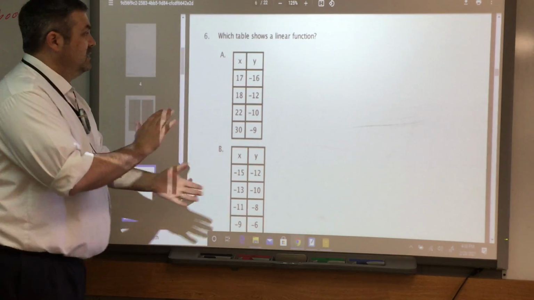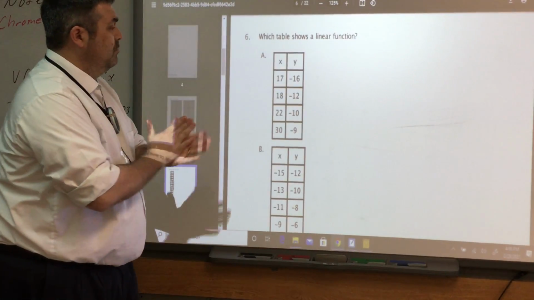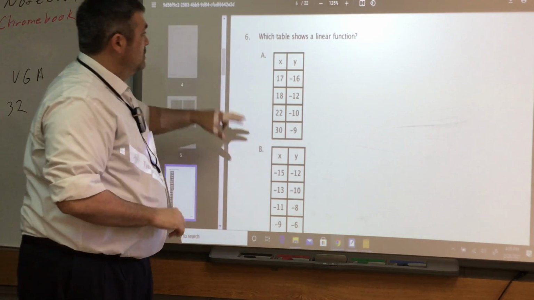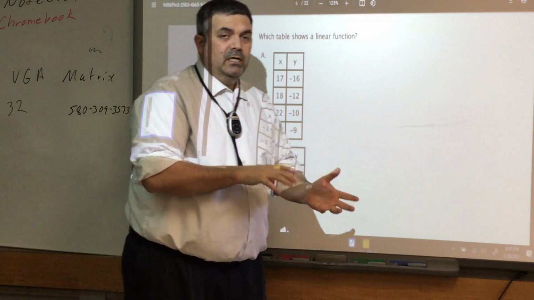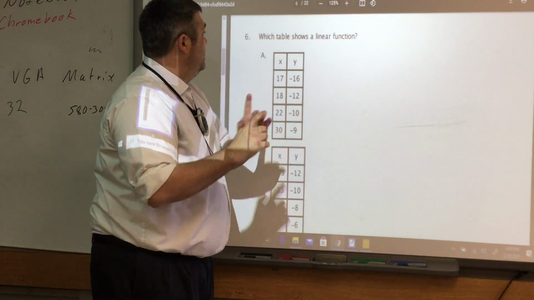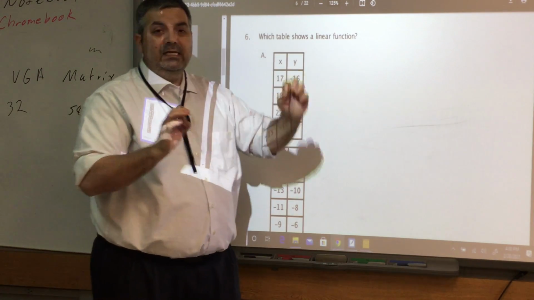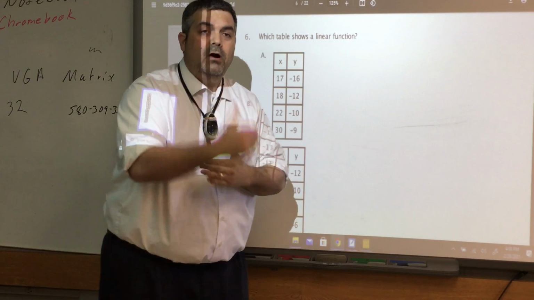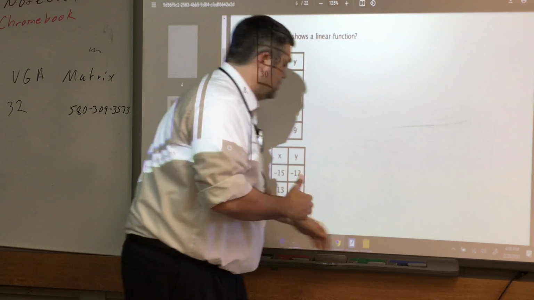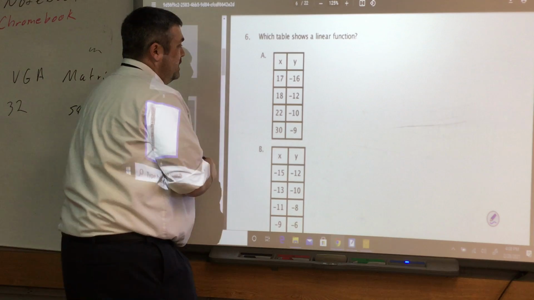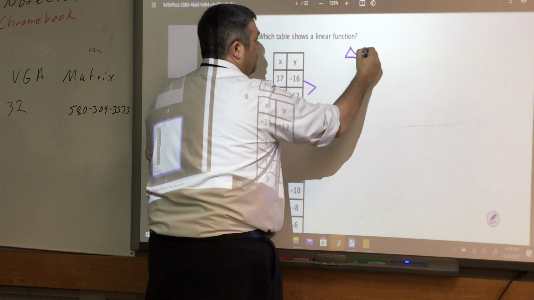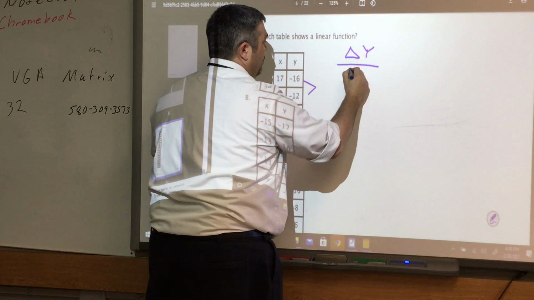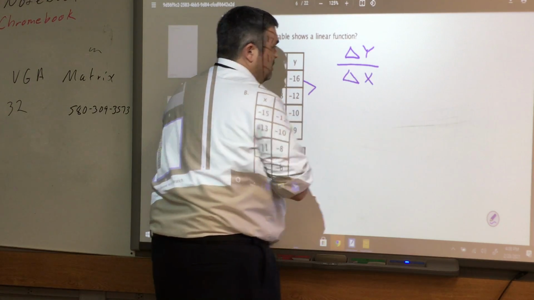All right, then we go back to the tables. I wanted to make sure to hit the tables again one more time. Again, you're looking at which ones have a constant rate of change and which ones don't. In this case, you're looking for the one that is a linear function, so it's going to have a constant rate of change. From here to here, we want the change in the y's over the change in the x's.